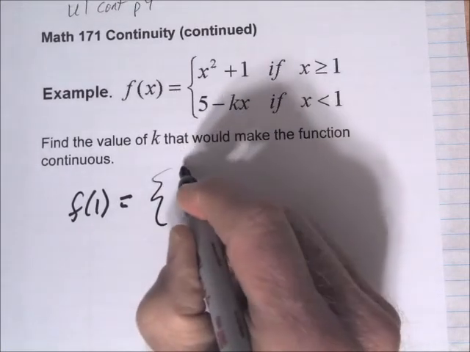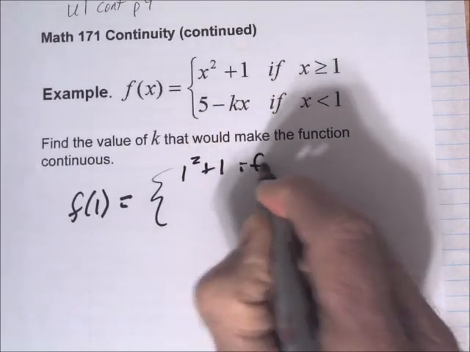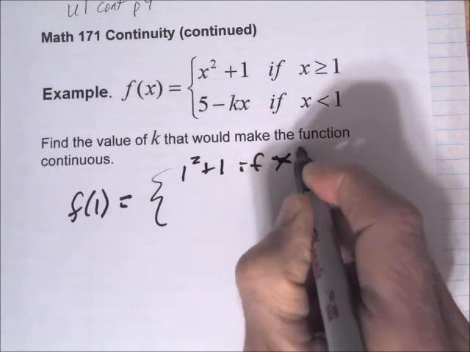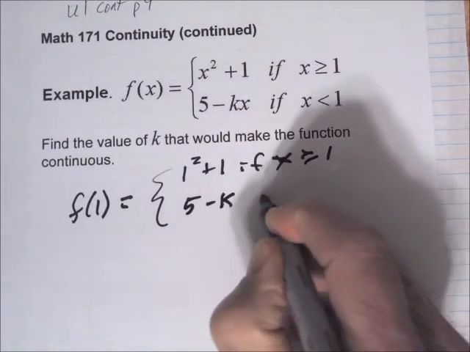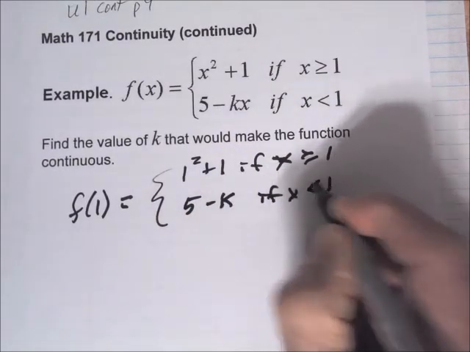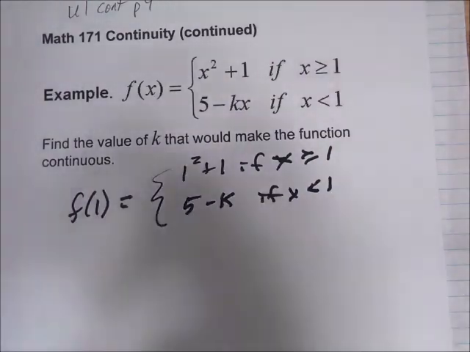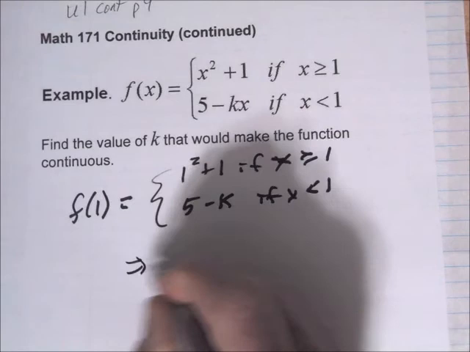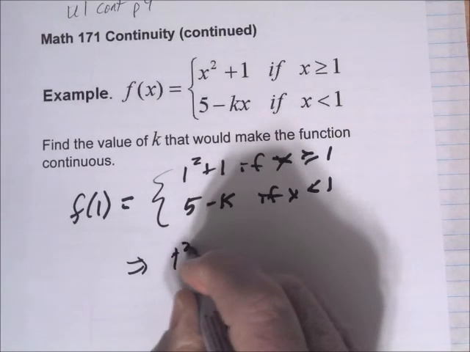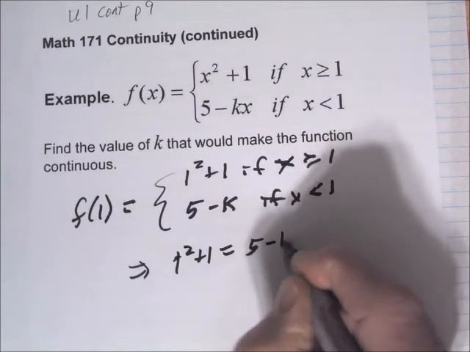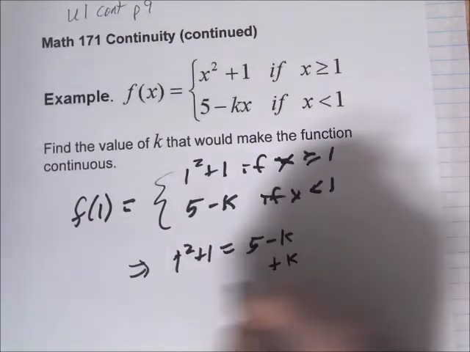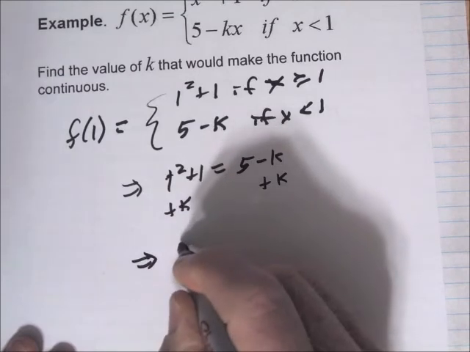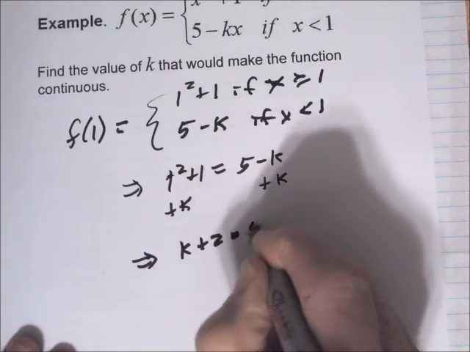We have 1 squared plus 1 if x is greater than or equal to 1, and 5 minus k if x is less than 1. So 5 minus k has to equal 1 squared plus 1. We could add k to both sides of the equal sign. And 1 squared plus 1 is 2, so we have k plus 2 is equal to 5.